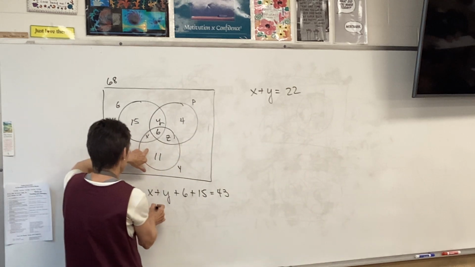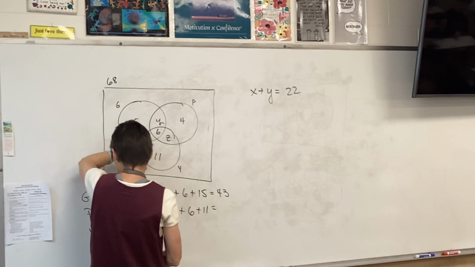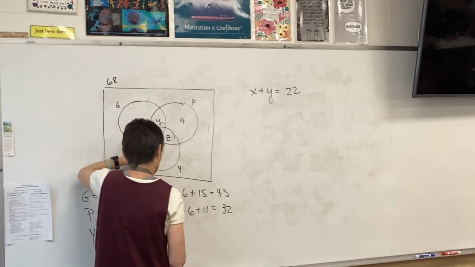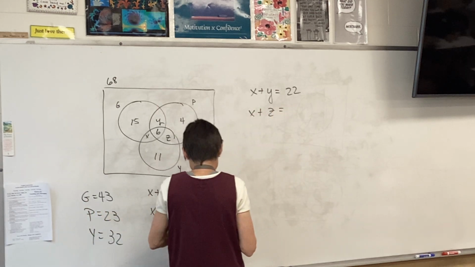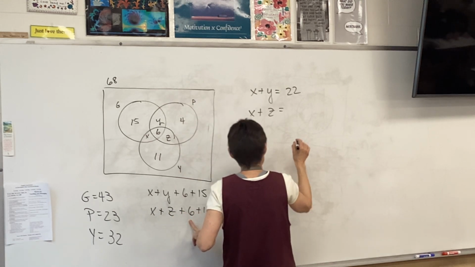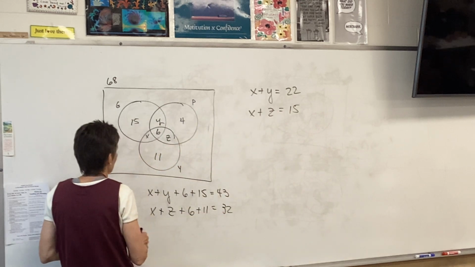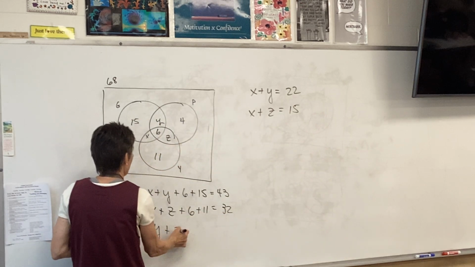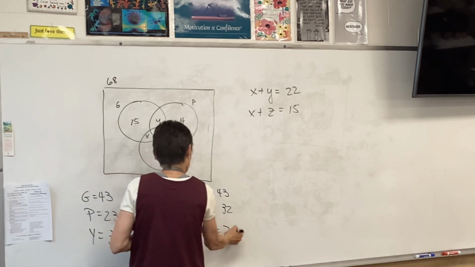And yellow is X and Z and 6 and 11 is 32. So X and Z is 15. And Y and Z and 6 and 4 is 23.